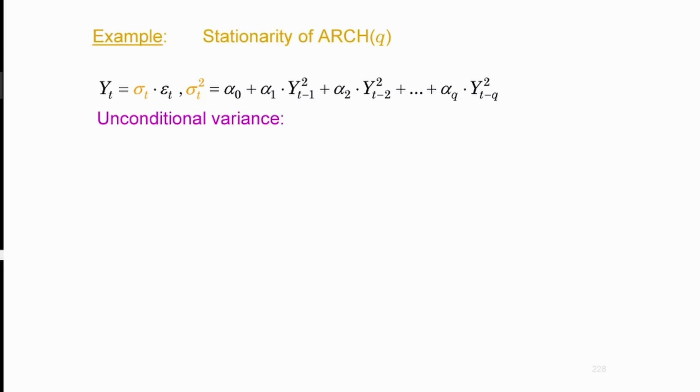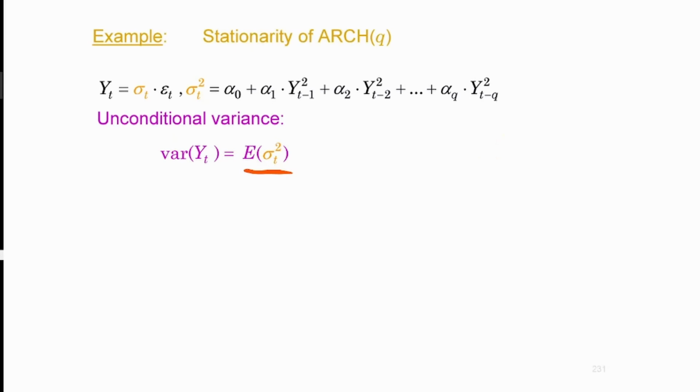Good. Now, I want to also consider the unconditional variance of the process, since we already know what the unconditional variance is. We don't need to do it again. This is the unconditional variance. You don't need to apply the law of total variance, by the way. I mean, you can, but why would you?